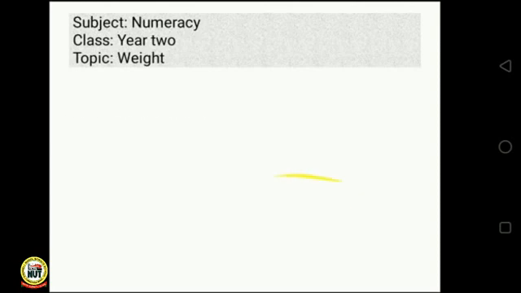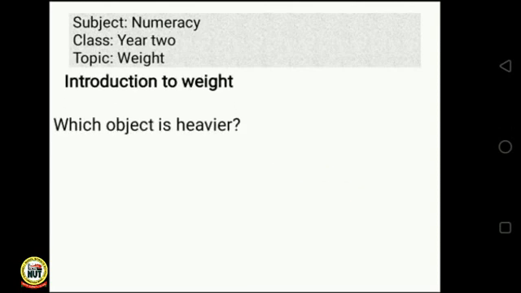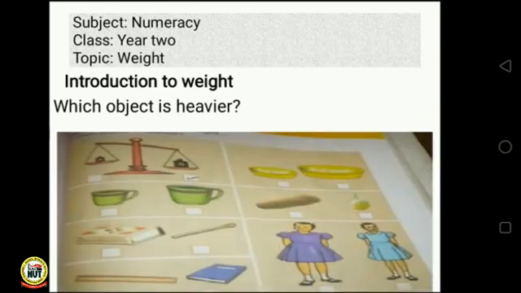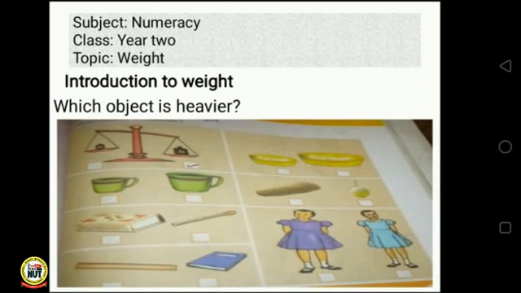Now let's answer this question. Which object is heavier? You have two cups, the small and the big cup. We have two bowls, big and small. We have a yam and an apple. We have two angels, the fat and the thin.